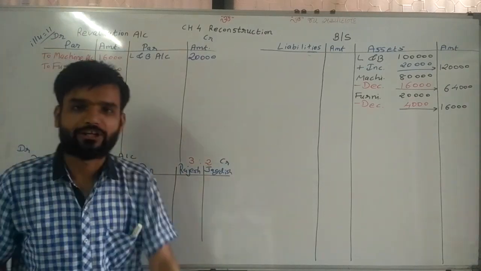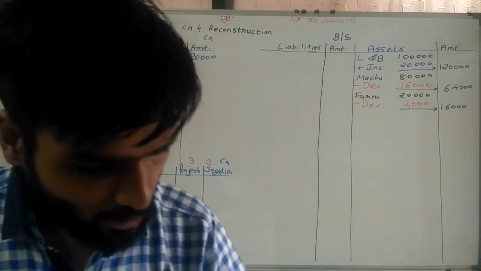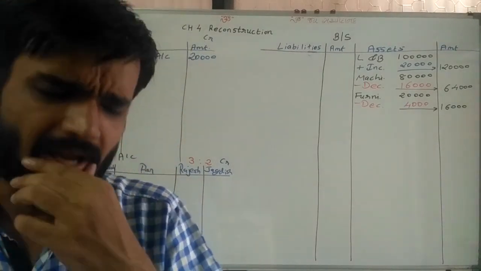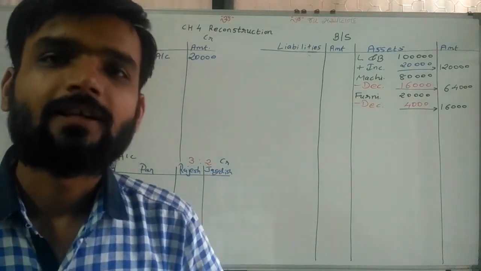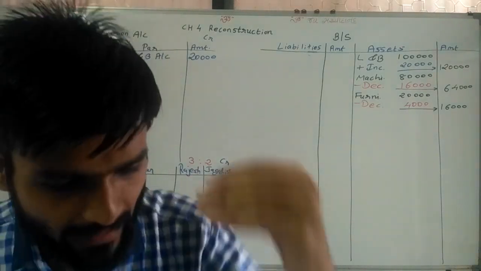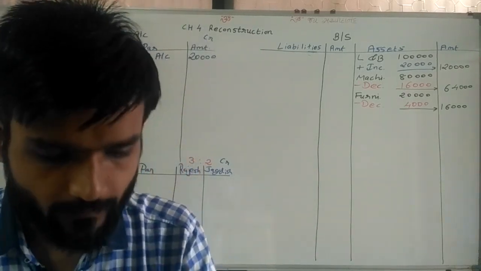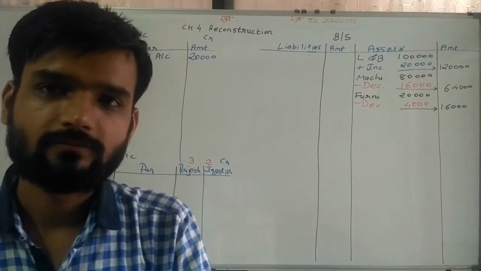Now going ahead, adjustment number 3. Now bad debt reserve is not required. So why in adjustment is it given? Because in the balance sheet debtors are given 60,000 and bad debt reserve is given 3,000.